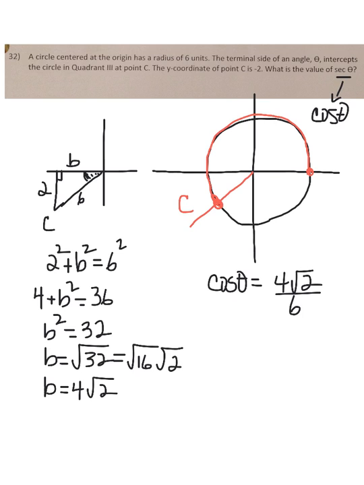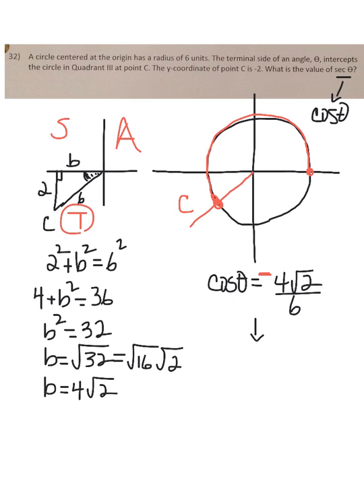At this point, I am going to do my All Students Take Calculus. I'm in the third quadrant, tangent, and I don't have tangent, so I should negate this value. Now we want secant, which is the reciprocal of cosine.